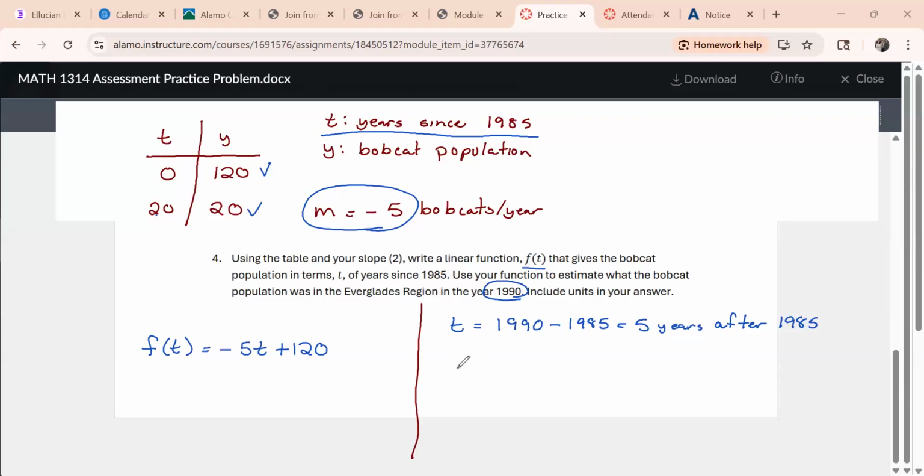So what I'm looking for is f of 5. So it'll be -5 times 5 plus 120, which is going to be -25 plus 120, which is going to be 95. And it's 95 what? Well, this is a function that gives me the bobcat population after I find t. So this would be 95 bobcats. There's 95 bobcats in 1990.